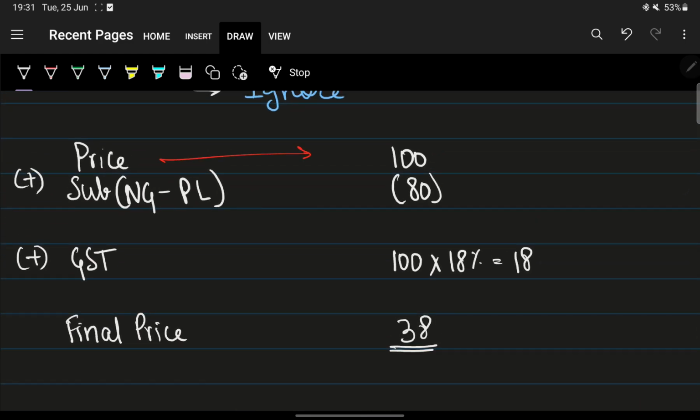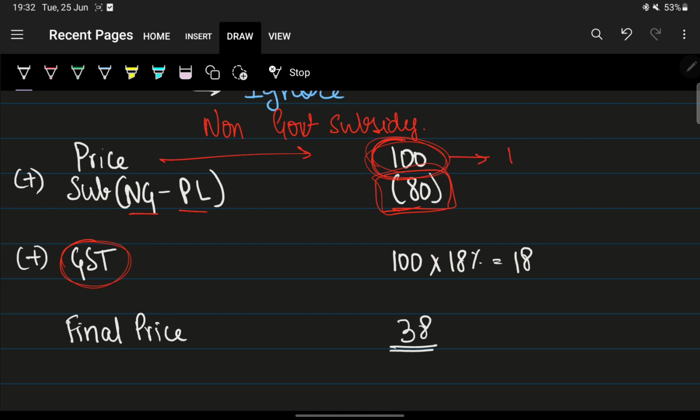Next, over here, same thing, the price of the supply is 100 rupees. Now we are talking about a non-government subsidy. In case of a non-government subsidy, the price is 100 rupees, and here the price linked subsidy is 80 rupees. So it is a non-government price linked subsidy of 80 rupees, and when we are calculating the GST, we should calculate 18% on 100 only.